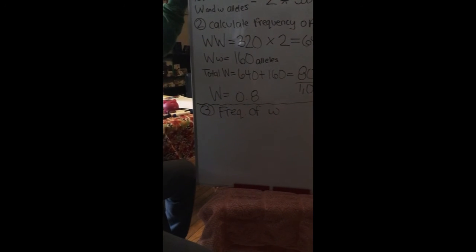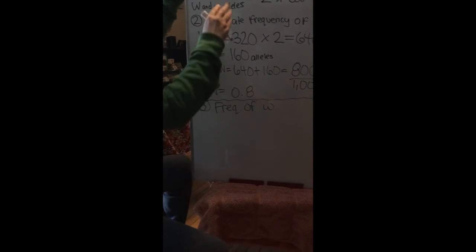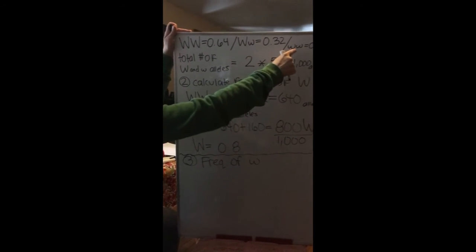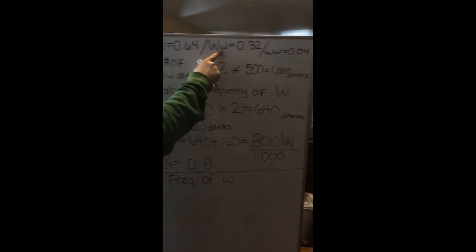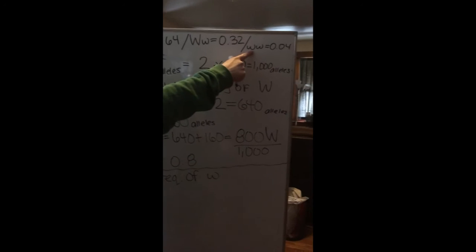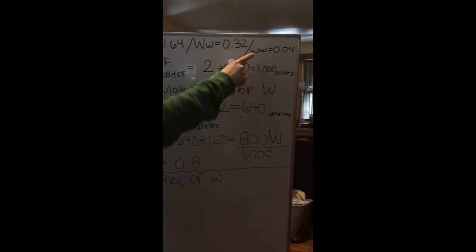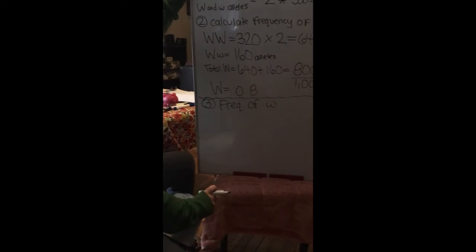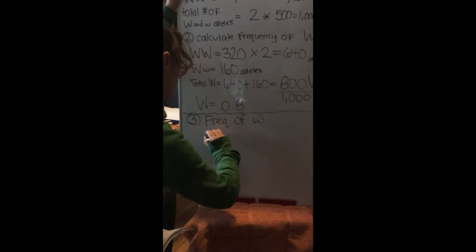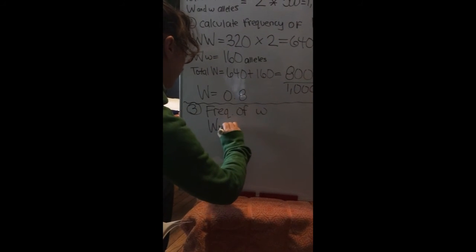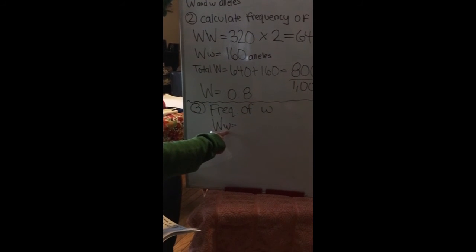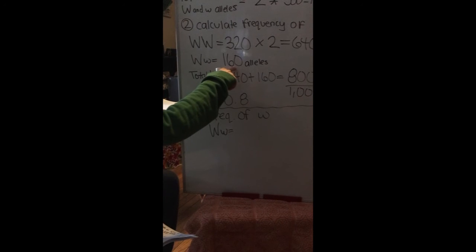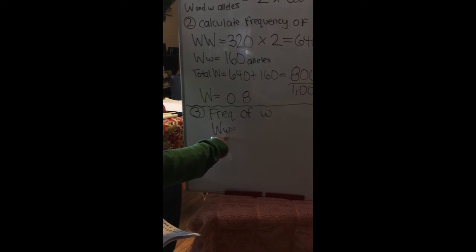Frequency of the recessive allele. Again, looking at my genotypes, there are 2 different ways to have at least one of those recessive alleles. Again, don't forget our heterozygotes and then our homozygous recessive individuals. So, looking back at our initial numbers, the heterozygotes had one of those recessive alleles. There were 160 individuals that had one of those recessive alleles.